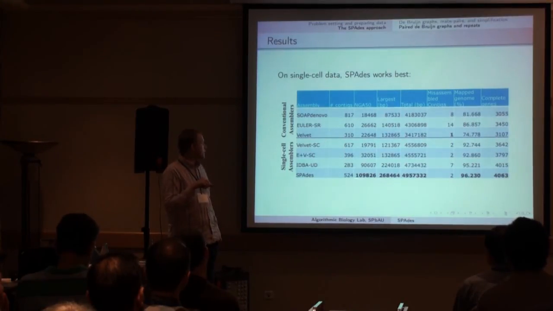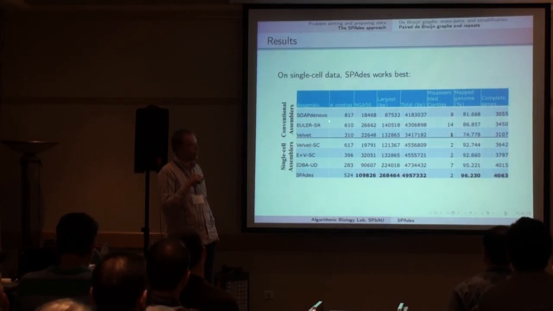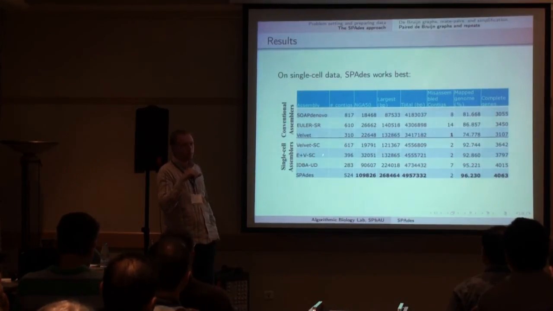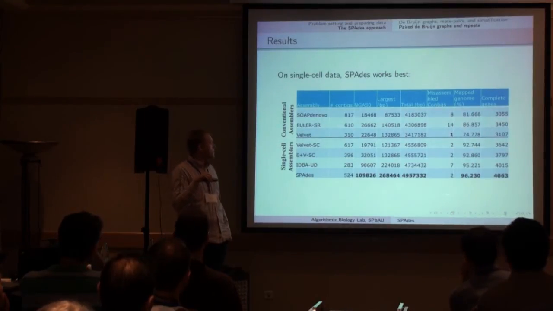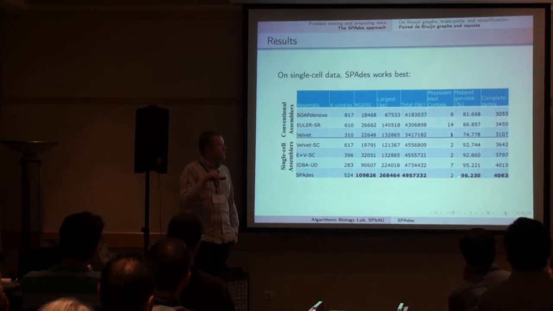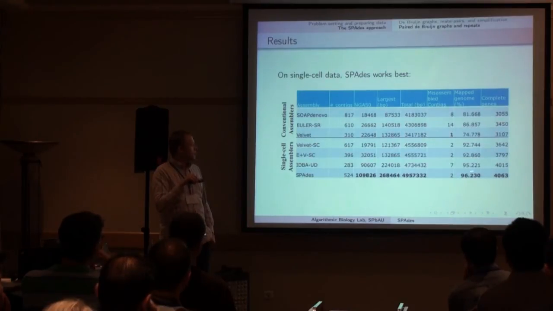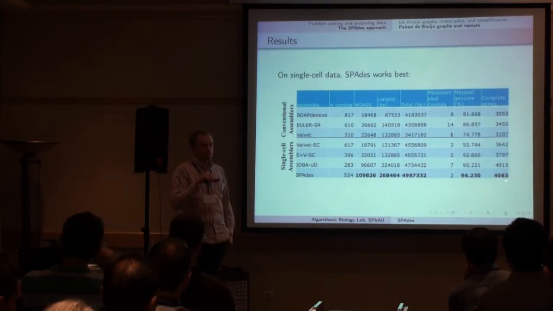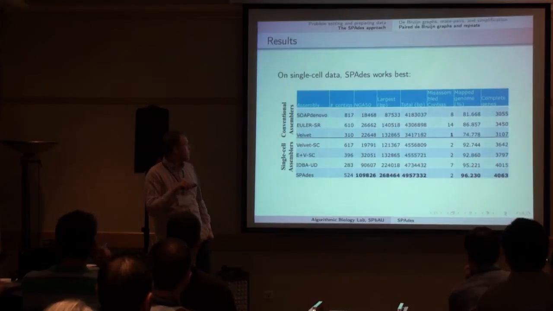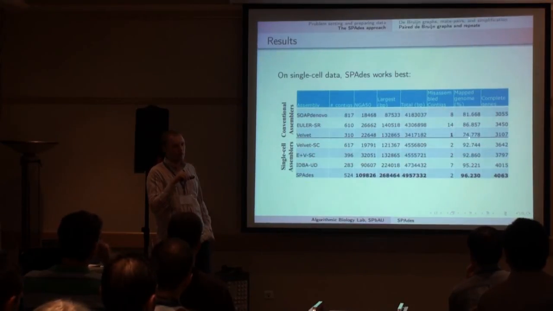You can see that SPAdes outperforms both conventional assemblers like Velvet and SOAPdenovo, and these assemblers with some modifications for the single-cell case. So we have bigger NG50, and what's even more important in this case, we have higher genome coverage, because this is the main problem. Like Velvet has only one misassembly, but it has very low genome coverage.